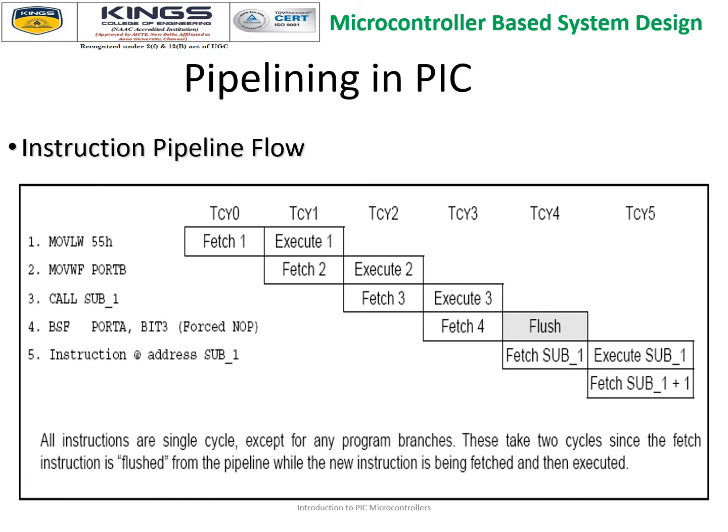So, pipelining in PIC. Pipelining increases the speed of any microprocessor or controller. This is an example showing 5 instructions. In T cycle 0, fetch 1 is carried out, that is, instruction 1 is fetched there. In the second clock cycle, instruction 1 is executed, whereas at the same time instruction 2 is fetched.